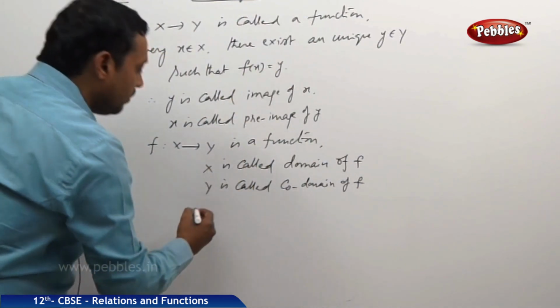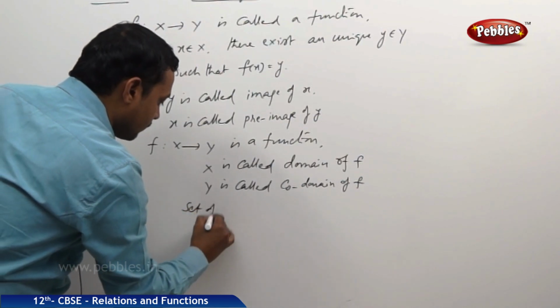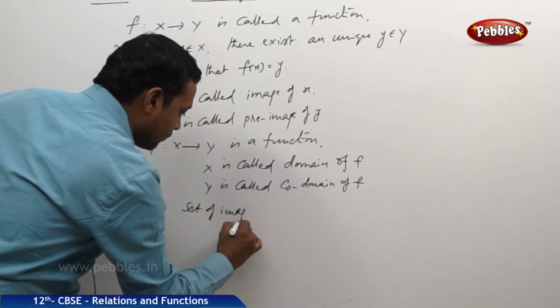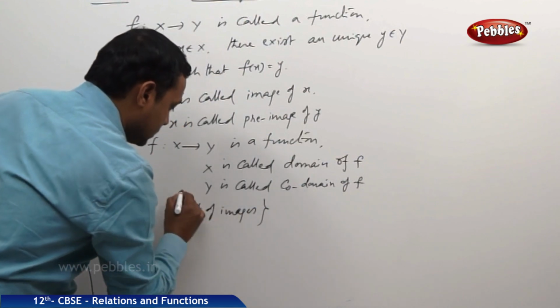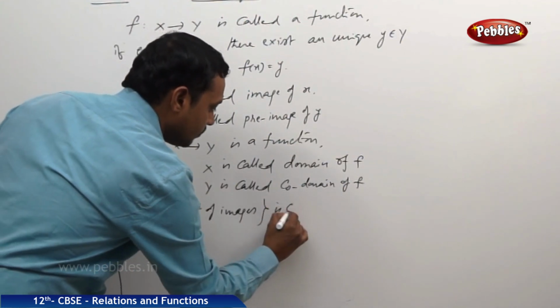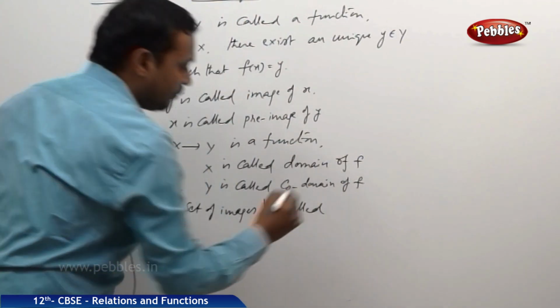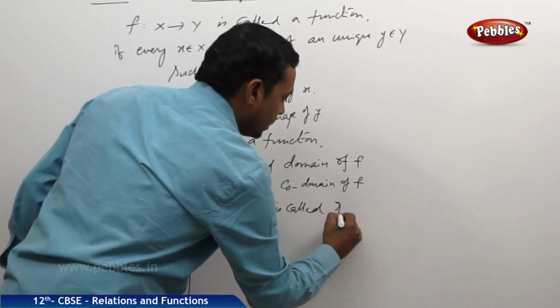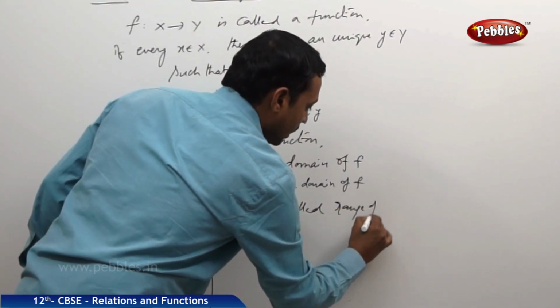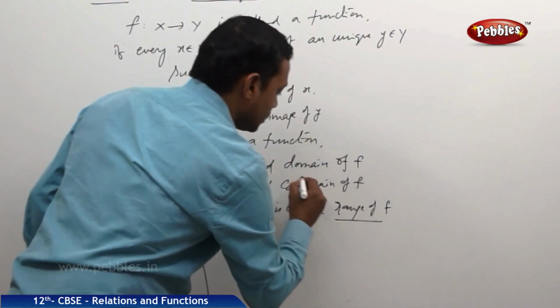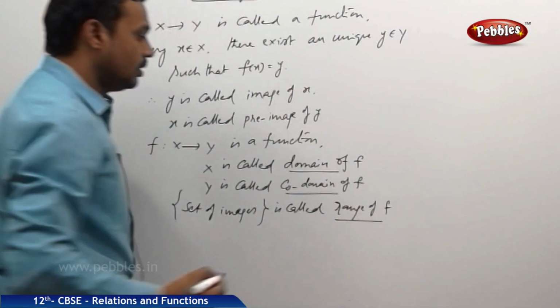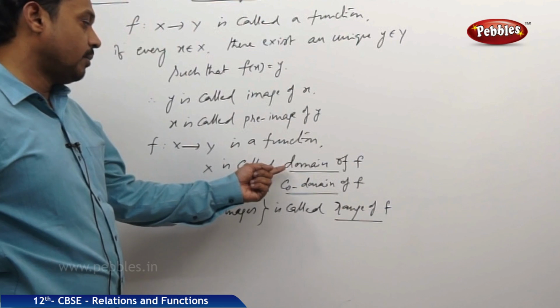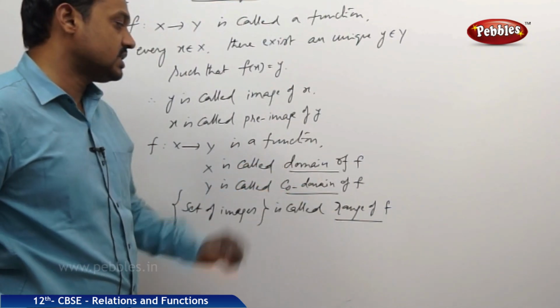And the set of images is called the range of f. Now these are the three important quantities: one is the domain, second is the codomain, third is the range.